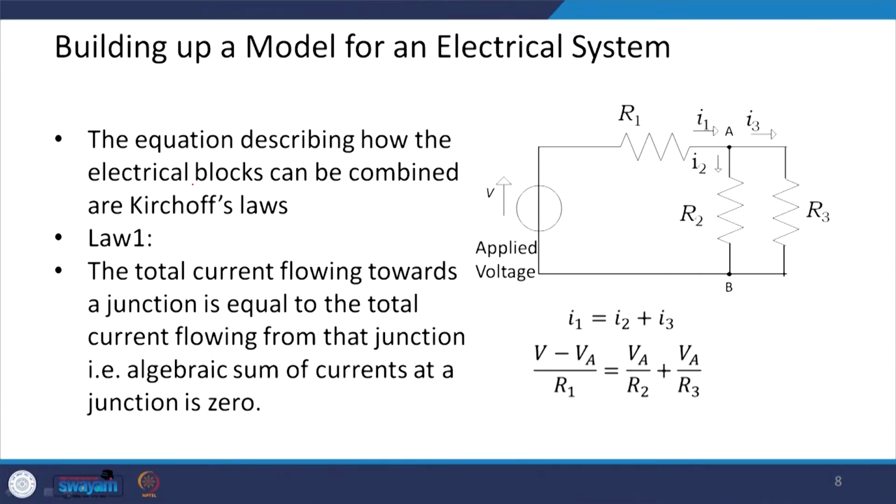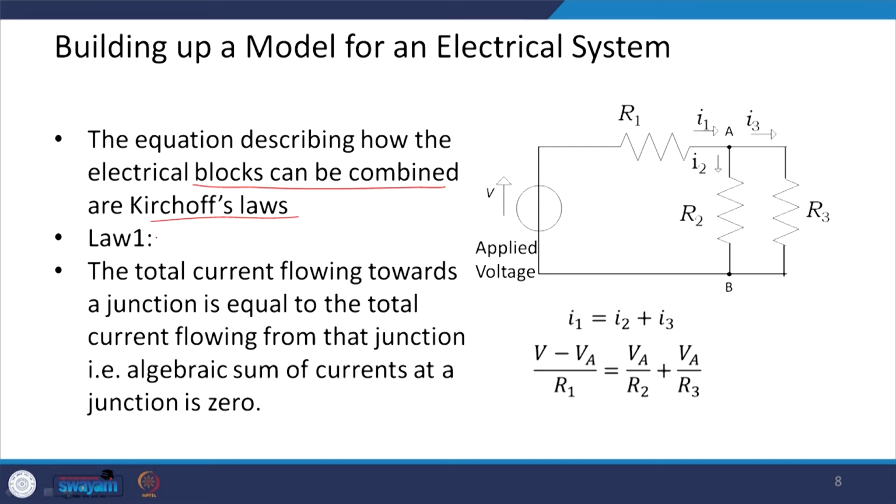I am going to refer to those laws here again, which will help us in preparing the model for an electrical system.